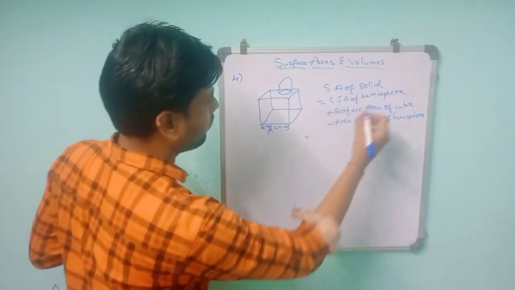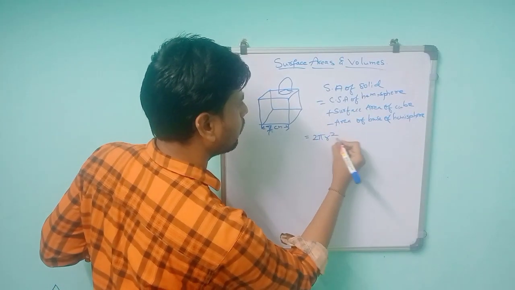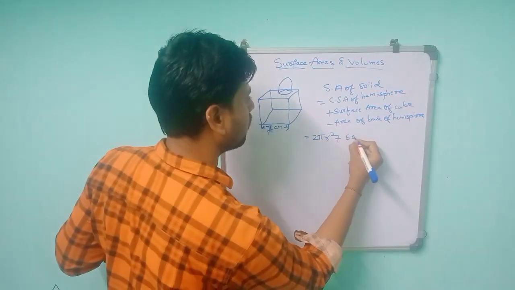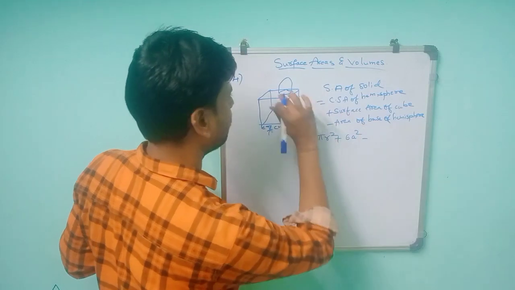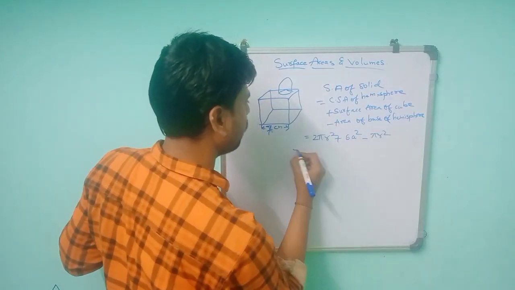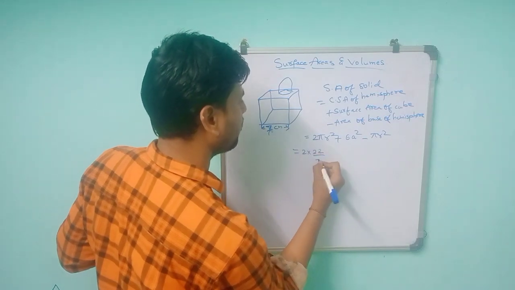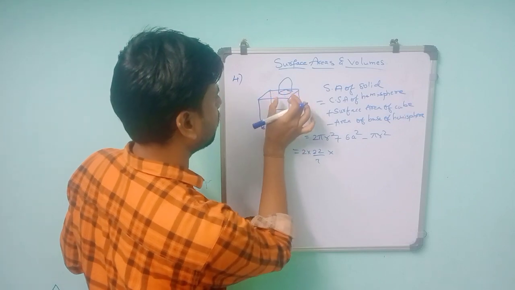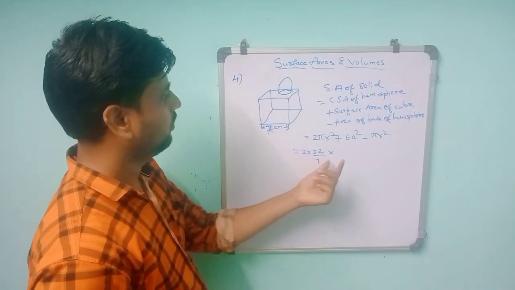So the curved surface area of the hemisphere is 2 pi r square, plus the surface area of the cube, 6a square, minus the area of the base, which is pi r square. So this will give 2 into 22 by 7, with r being half of 7.